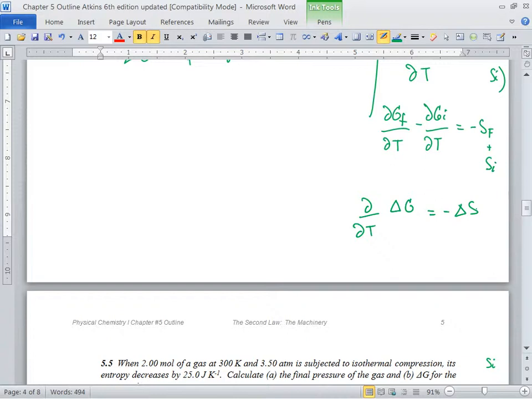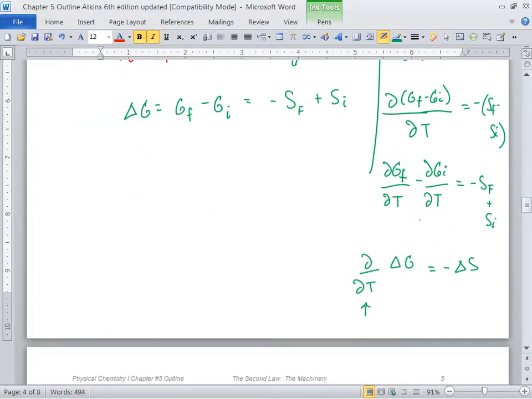It's just easier if you start out with your answer than starting the other way, because all I did is pull out the partial with respect to T. So it's safe.